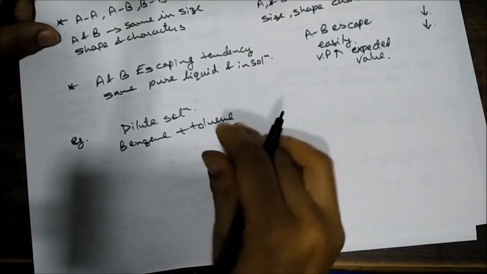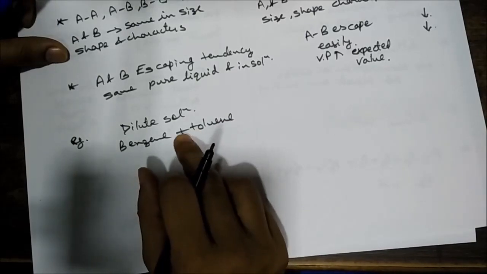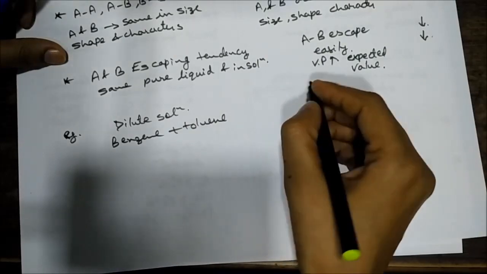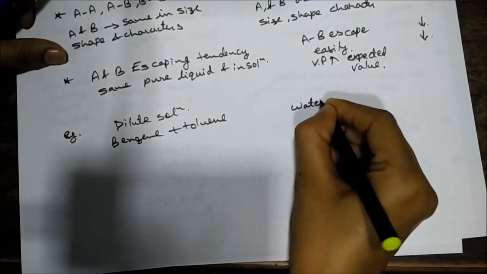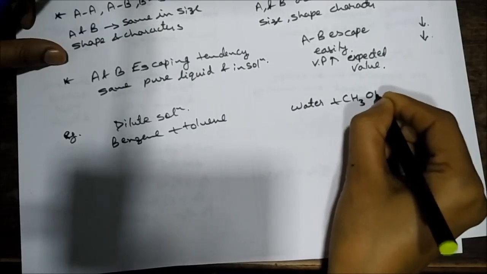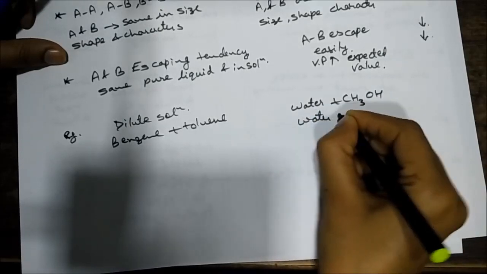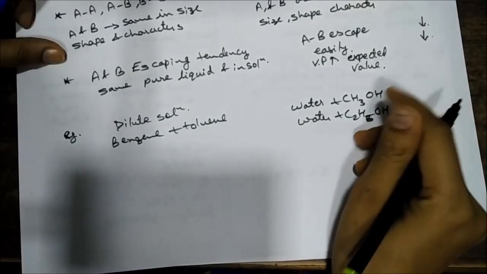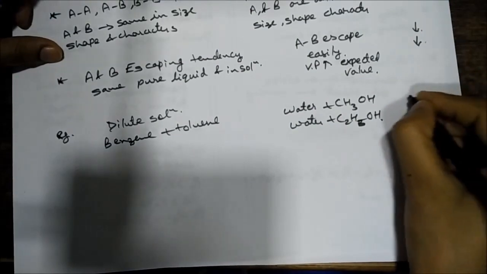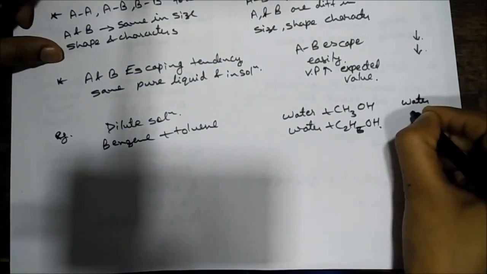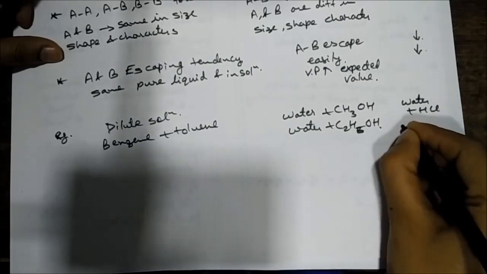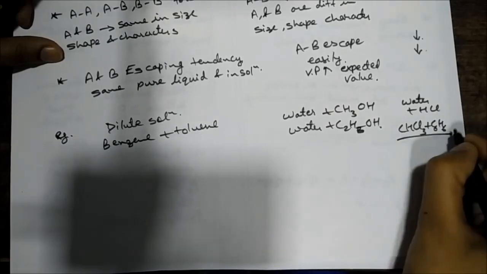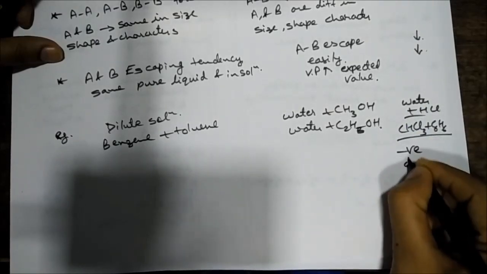This solution shows a real ideal solution, but water and methanol and water plus ethanol solution show positive deviation from ideal solution, and the solution of water and HCl, or we can take chloroform and benzene solution, these types of solutions show negative deviation.